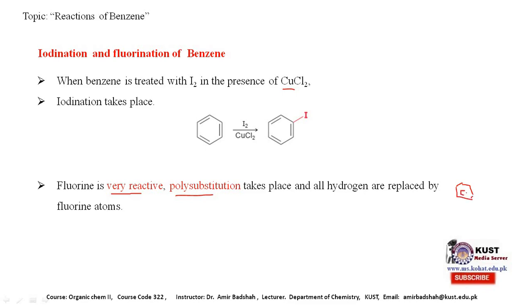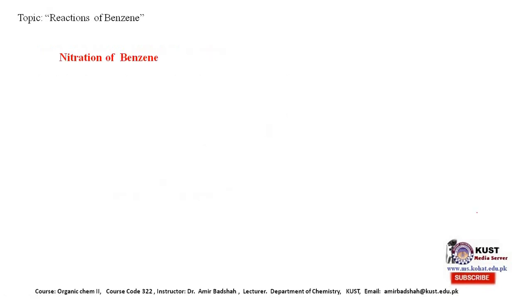For example, we can get this monofluoro product, but along with this we can get the difluoro and the trifluoro and so many others, until all the hydrogens have been replaced. Why is it so? Because fluorine is more and more reactive, so mostly we ignore such a reaction because it is very vigorous, very reactive and dangerous, so we do not carry it out. We do not mainly focus on the fluorination of benzene.